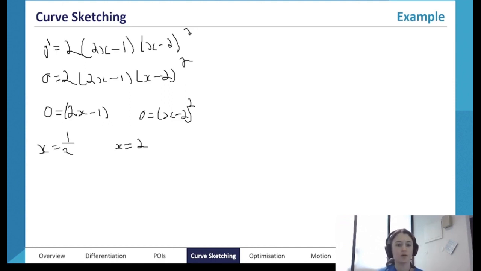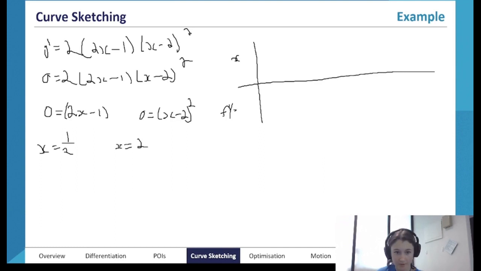Okay, moving on. Now we need to determine the nature of these stationary points. So we need to use a table of values as the question specified. We're going to have x, and we're going to have our first derivative. So we're going to have x equals a half, x equals 2.